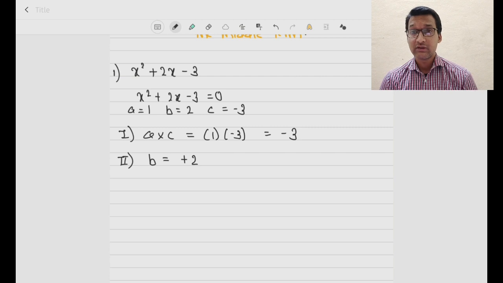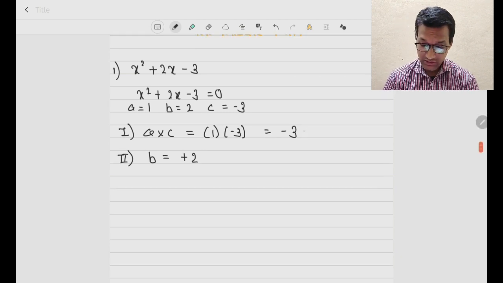Now try to understand what we have to do. Why is it called splitting the middle term? We have A into C as minus 3. We will have to find factors of this 3 such that they add or subtract and give us B, that is plus 2.